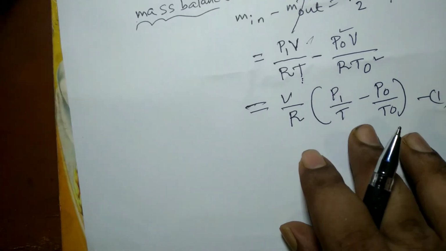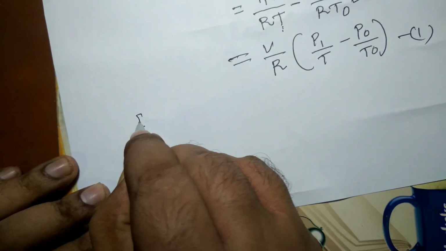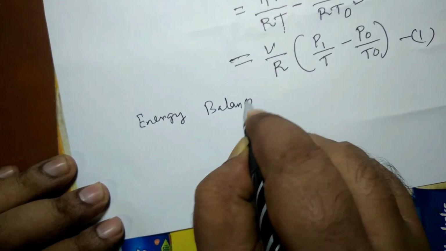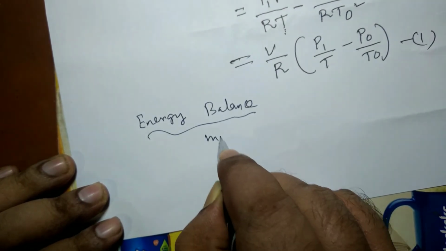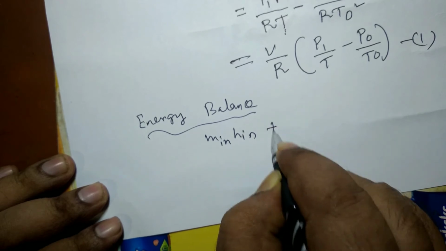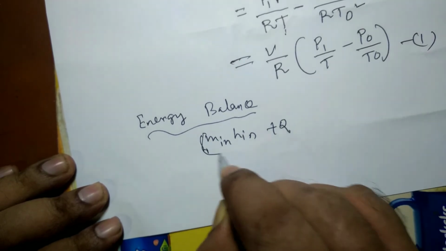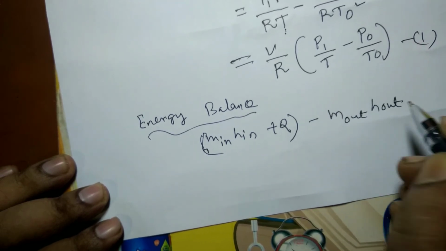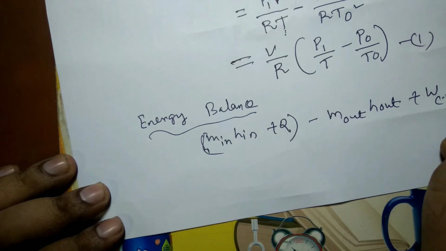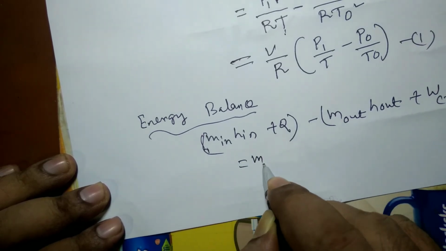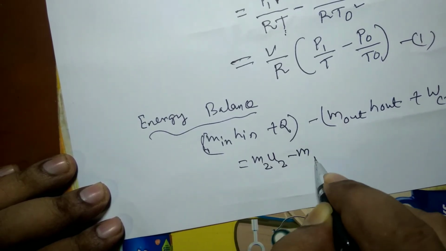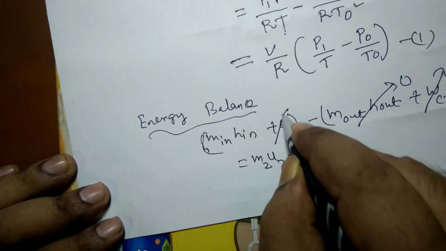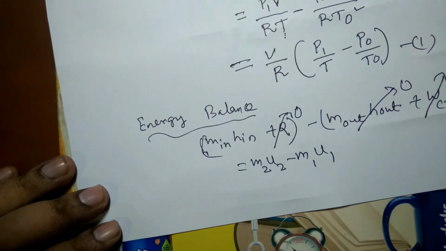और एनर्जी बैलेंस में क्या आएगा? एनर्जी बैलेंस में m in h in plus Q, ये होता है U in, minus m out h out plus W_cv is equal to m2 U2 minus m1 U1. यहाँ ये दोनों टर्म 0 है, ये भी 0 है, क्योंकि it is also given that insulated.